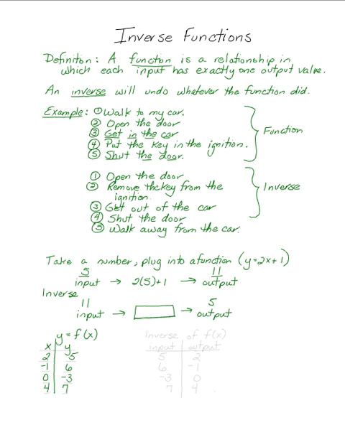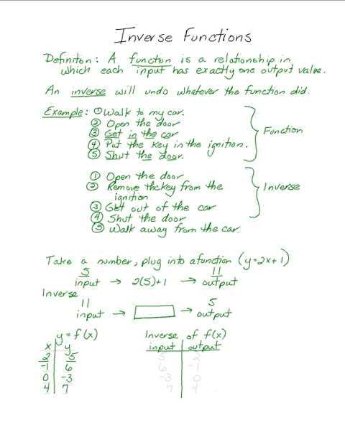The idea here then is if I have the inverse of that function f of x, then remember the inputs of my inverse should be the outputs of the original and vice versa. So when we look at this, the point (2, 5) has an input of 2 and an output of 5.